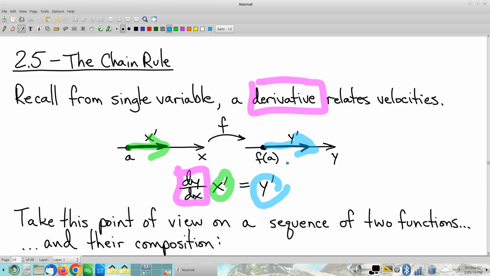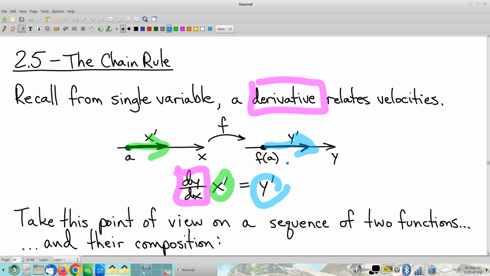The derivative relates them. If you want to feel more comfortable about why this equation is true, notice you could rewrite x prime as dx dt and y prime as dy dt, and then in fact this, what I would like to think of as just being an interpretation of derivatives, you could view instead as being sort of the single variable chain rule, right? This is the point of view on it.